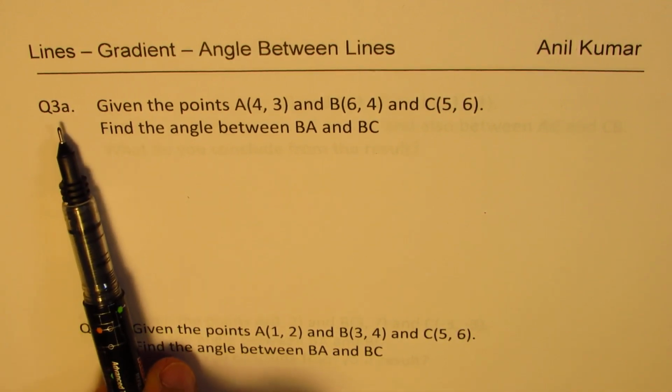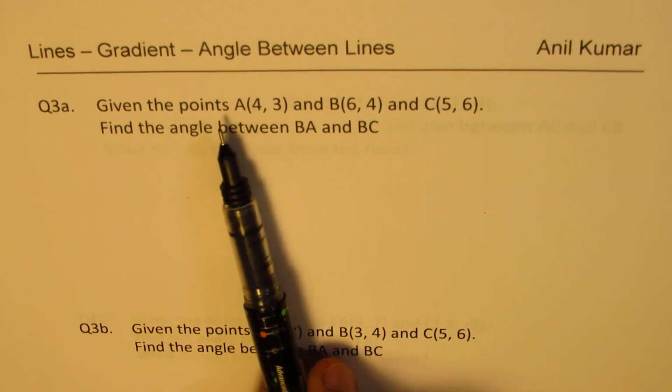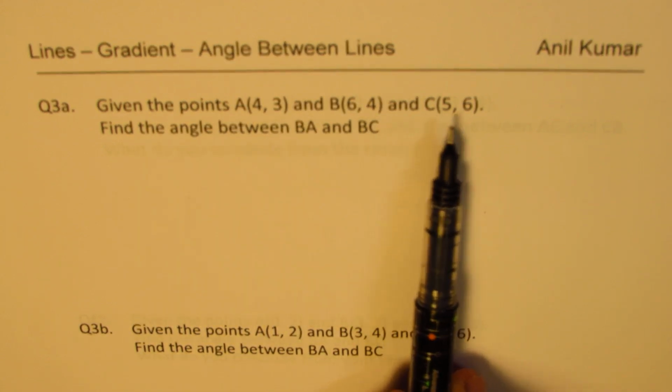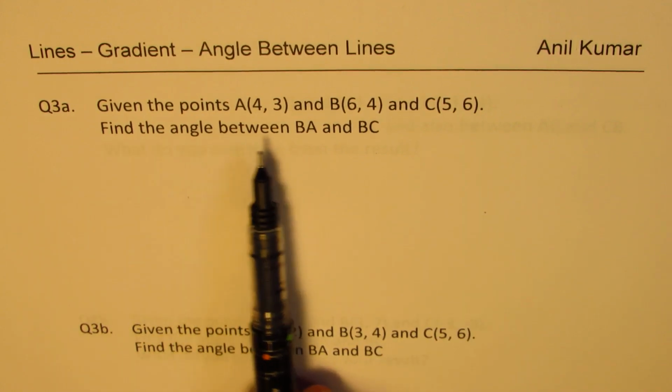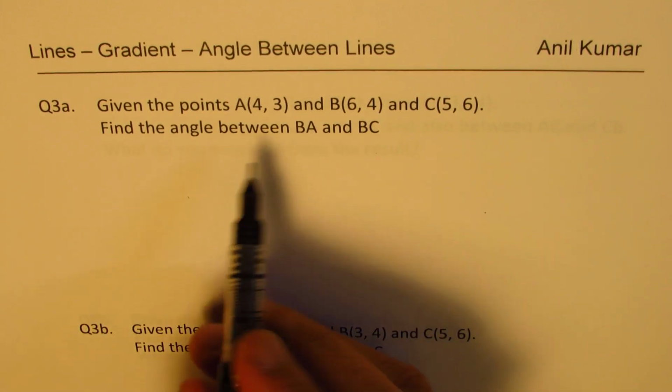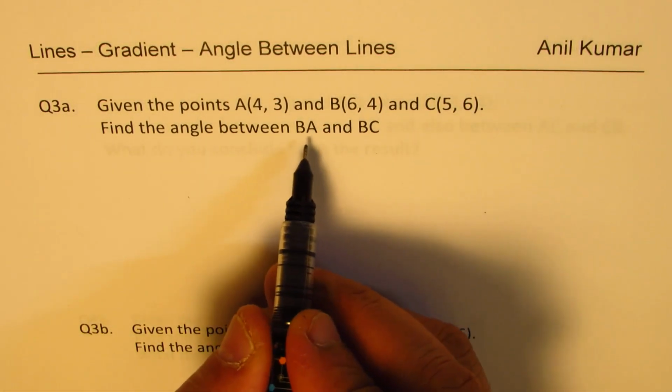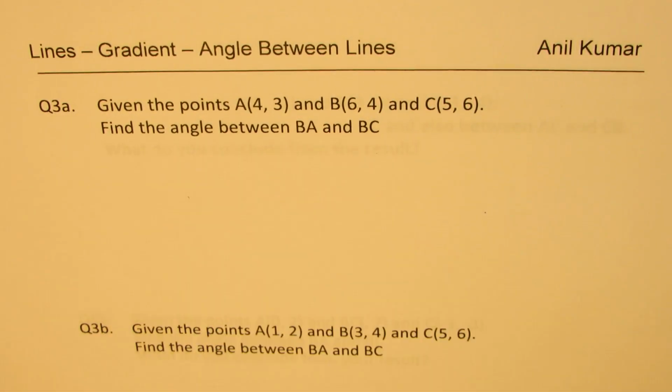So question number 3a is: given the points A (4, 3), B (6, 4), and C (5, 6), find the angle between BA and BC. Okay, so that's one question. Let's do this question. So we have to find the angle between BA and BC.